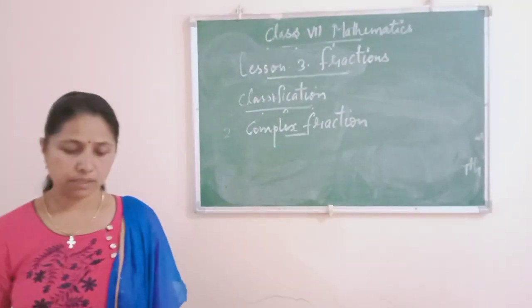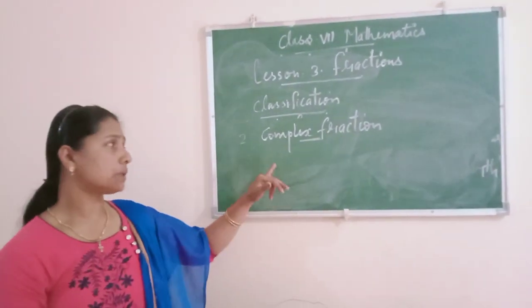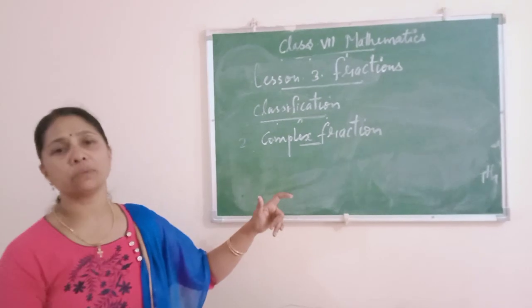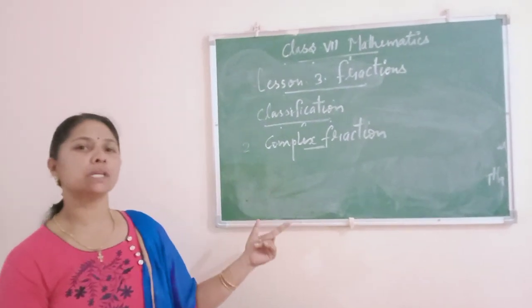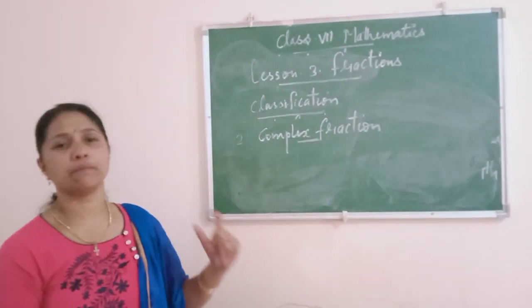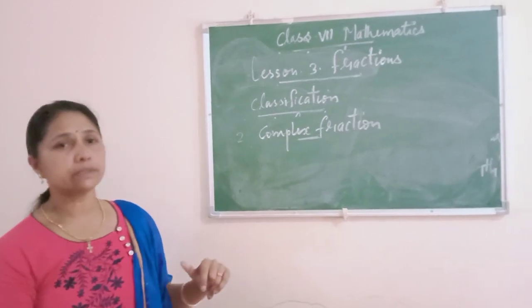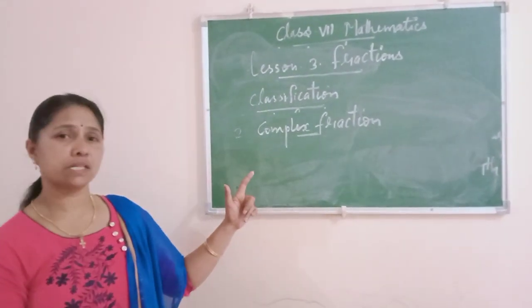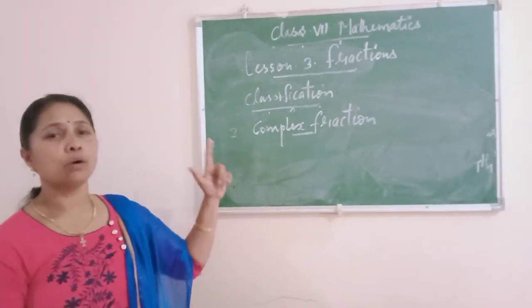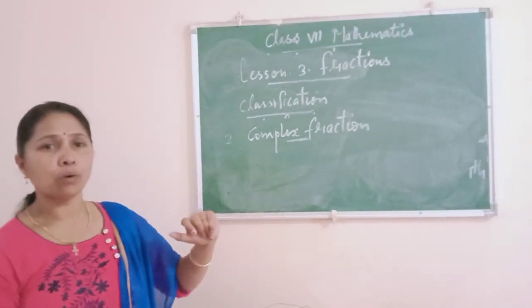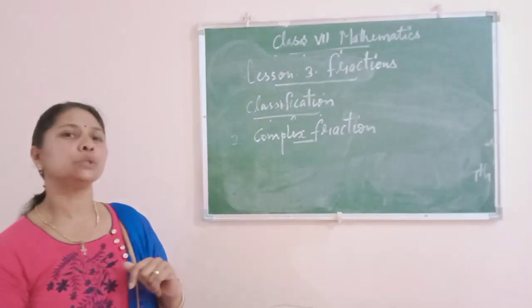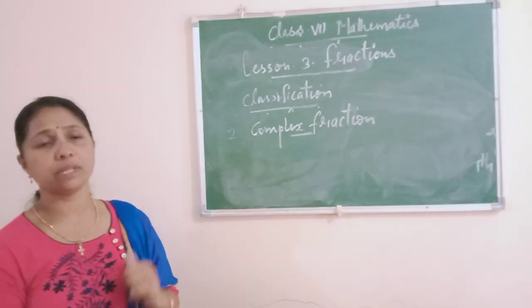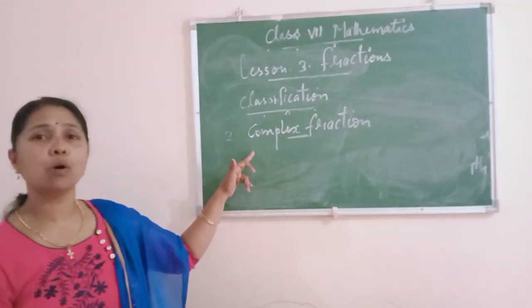Complex fraction means if in a fraction the numerator or the denominator or both the numerator and the denominator contain a fraction, that type of fraction is called a complex fraction. Once again I am repeating, if in a fraction the numerator or the denominator or both contain a fraction, that type of fraction is called a complex fraction.